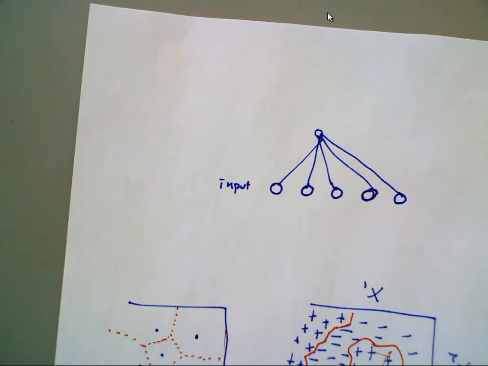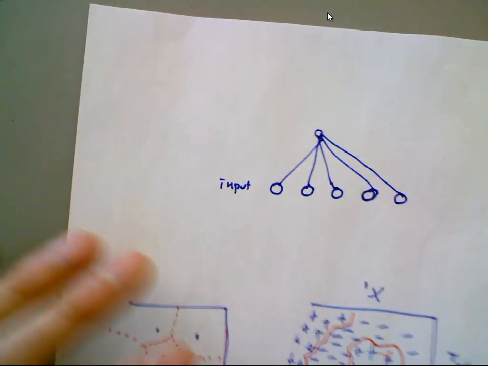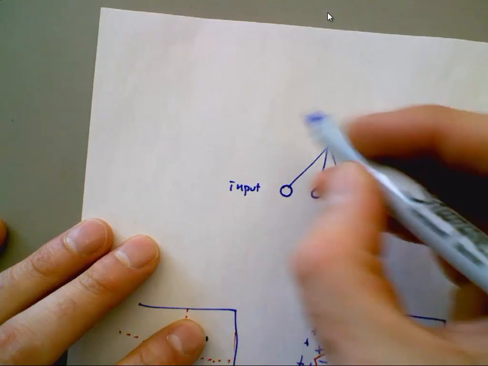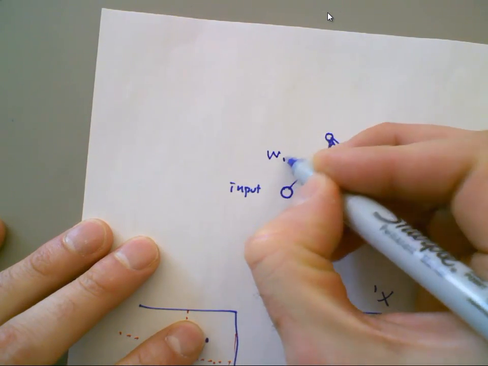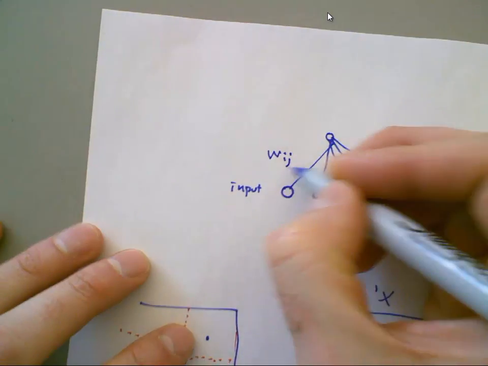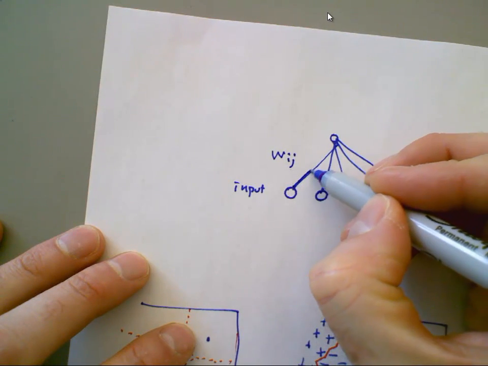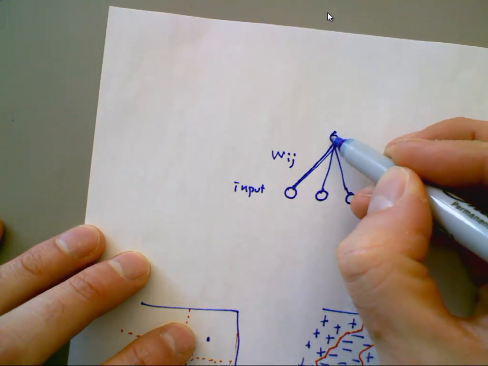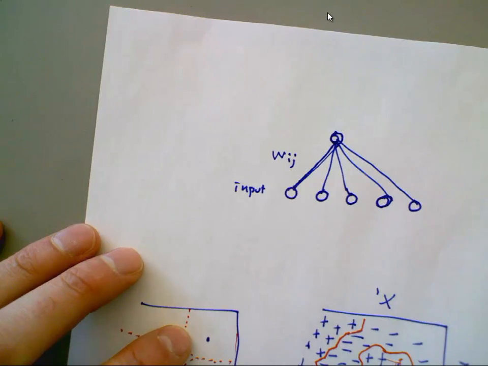So we assign numbers here. And now the question is, how much is this guy going to sneeze out here? What's the strength of association between these two neurons? And that's set by a weight. So for every input i, there's a weight, w_ij, that says how strongly input i is connected to output j.